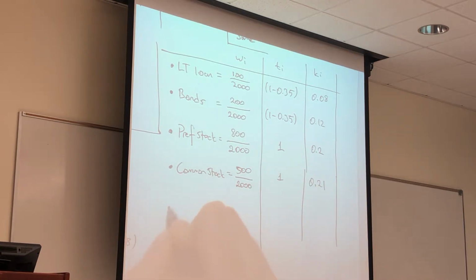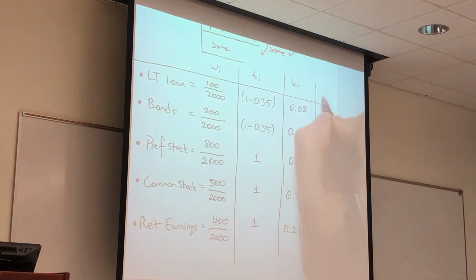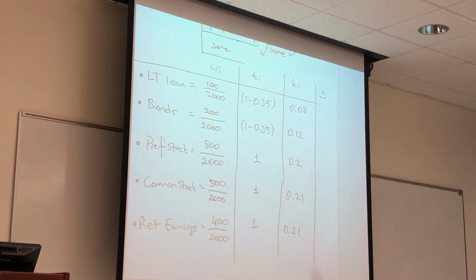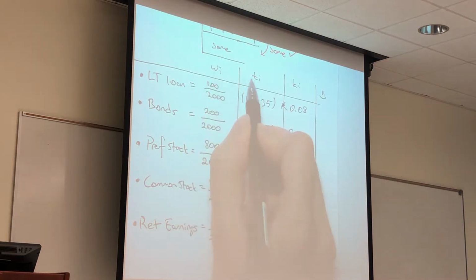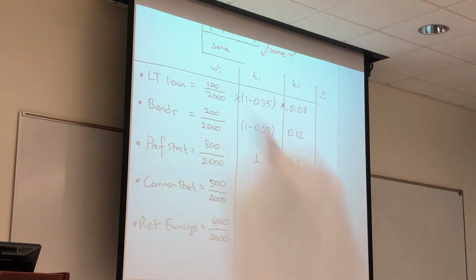Retained earnings has an amount of 400,000, again divided by the summation, no tax, the same. Let's call this a smiley face. Smiley faces everywhere, and then we're going to add up all the smiley face results. The smiley face will be equal to WI times TI times KI.